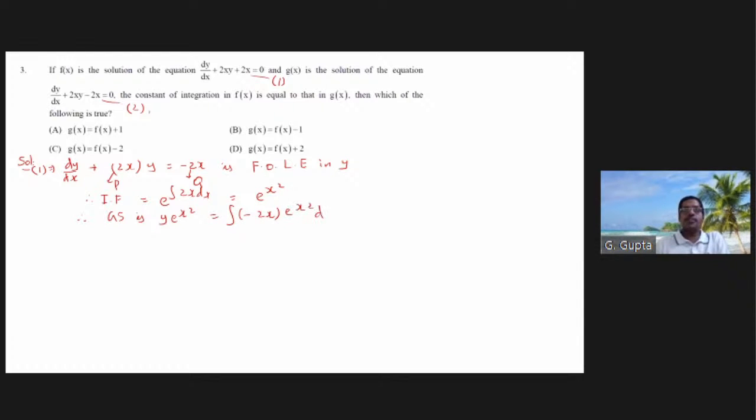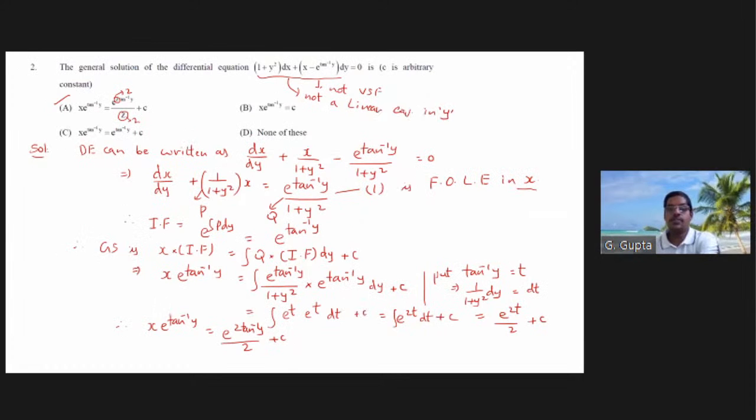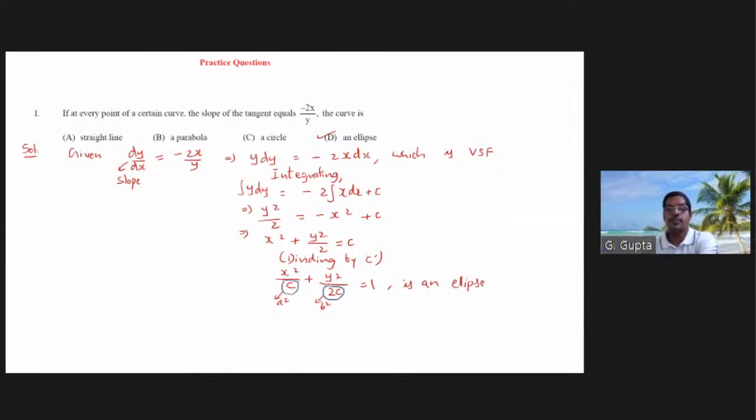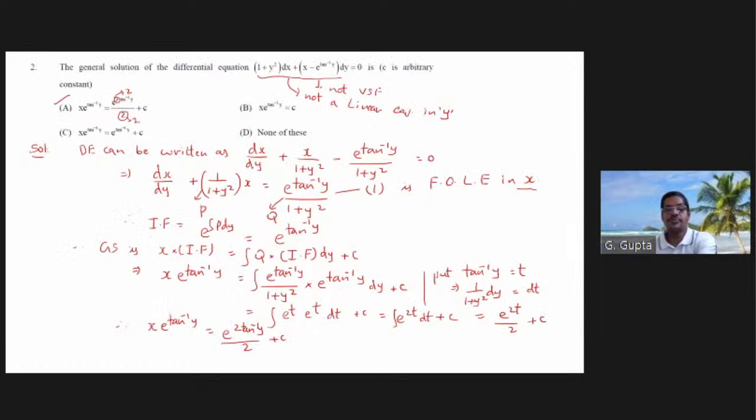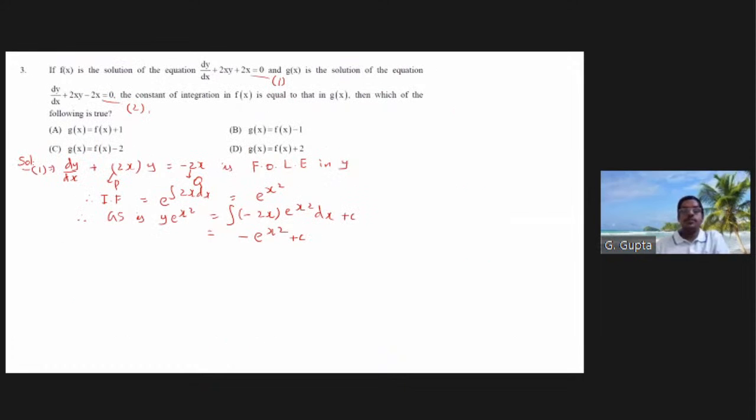The same type of integration we have got in the previous problem. So I can write this as minus e to the power x square plus c, after taking x square equal to t. Let us say this is 3.